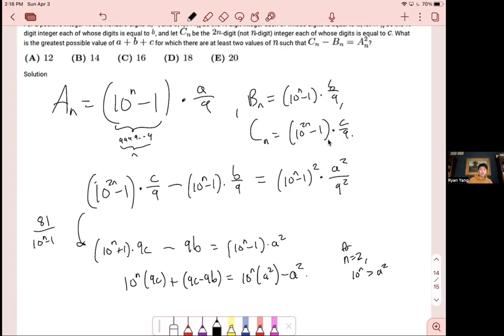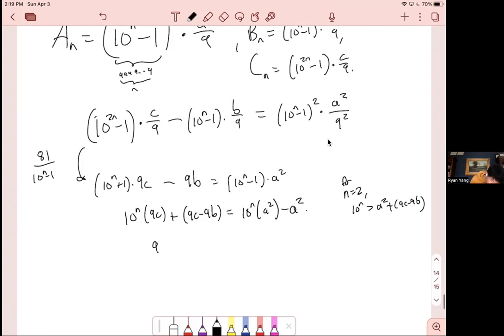So basically you can't get a big enough difference in the non-10 to the n terms to affect the 10 to the n terms.